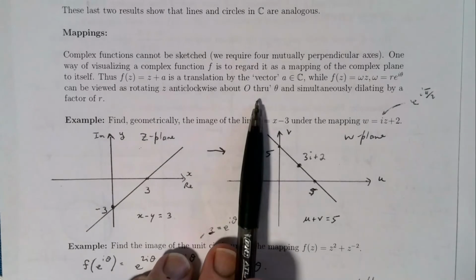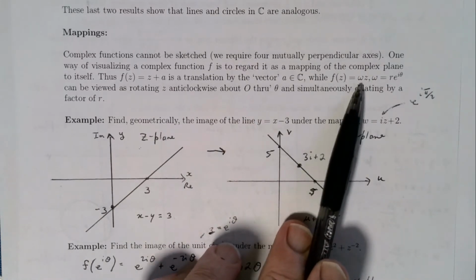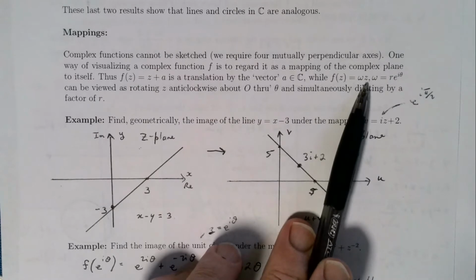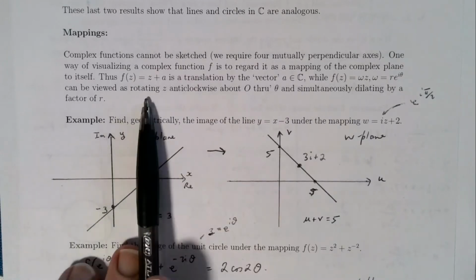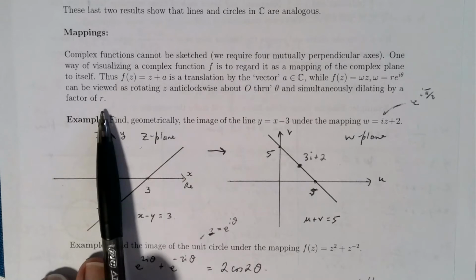So this mapping, multiplying the variable z by a complex number omega, can be viewed as rotating z anti-clockwise about the origin through an angle of theta, while simultaneously dilating it by a factor of r.